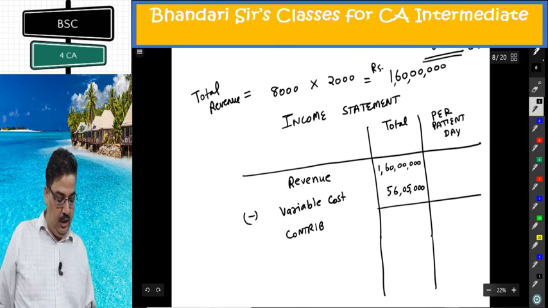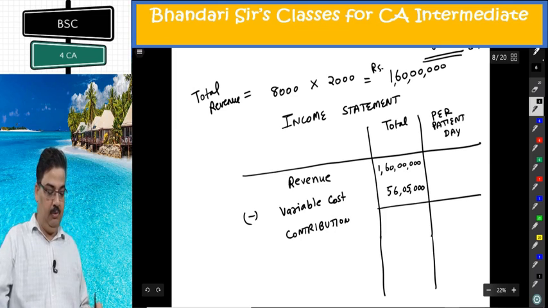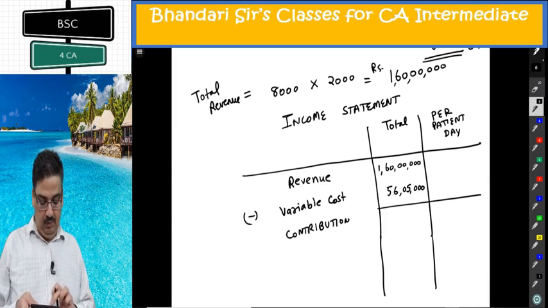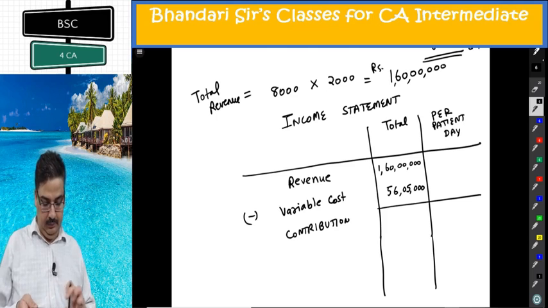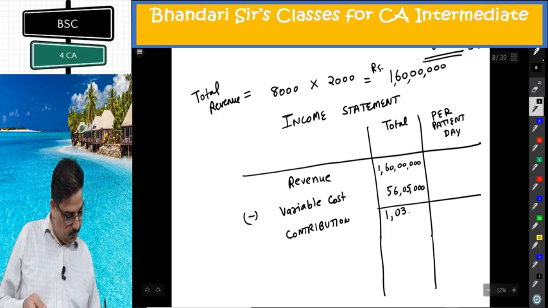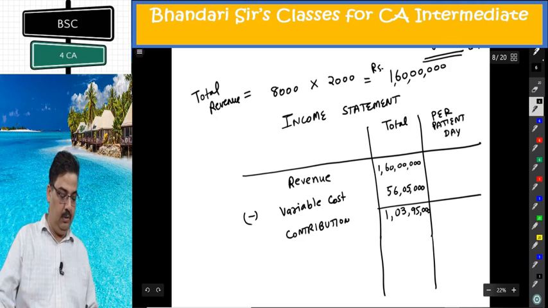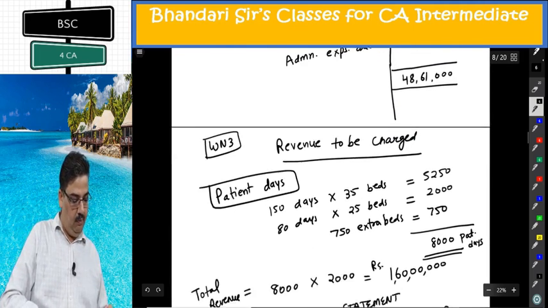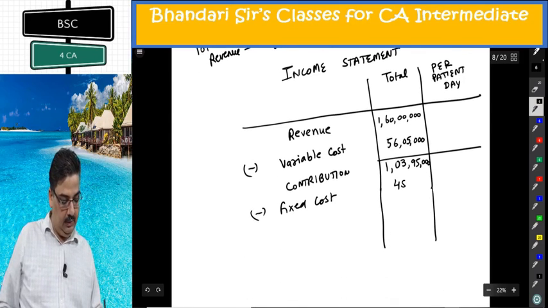So contribution is revenue minus variable cost: 1 crore 60 lakh minus 56 lakh 5,000, which is 1 crore 3,95,000, minus fixed cost 48,61,000.